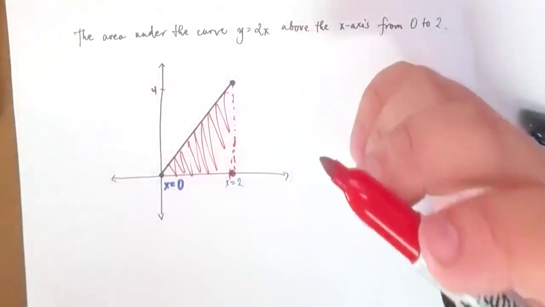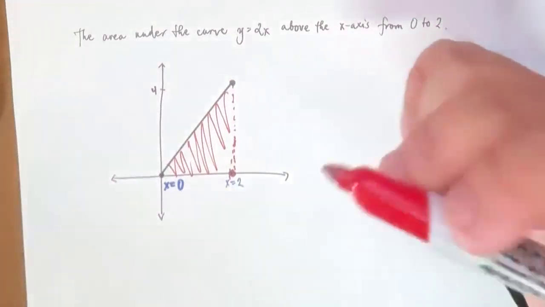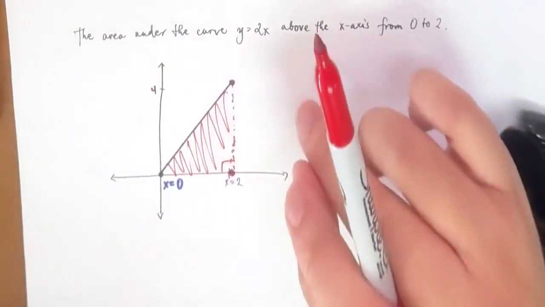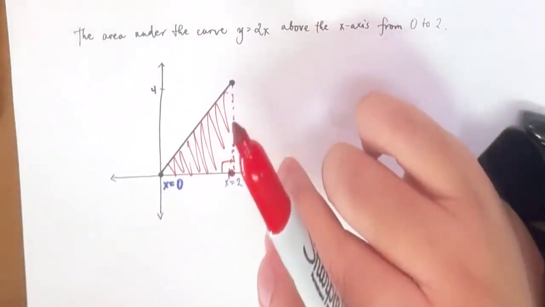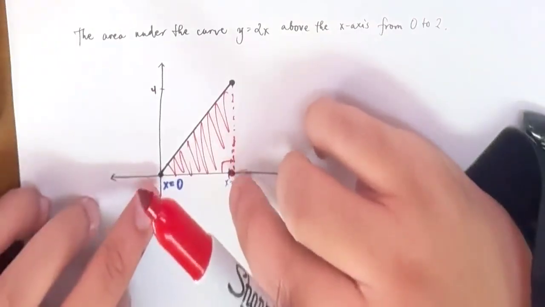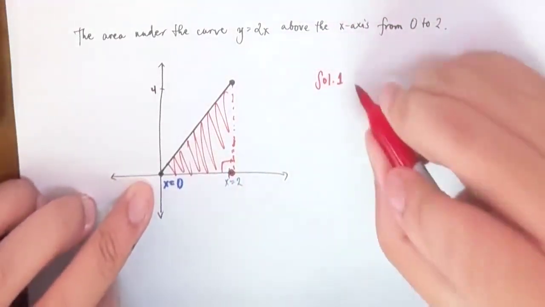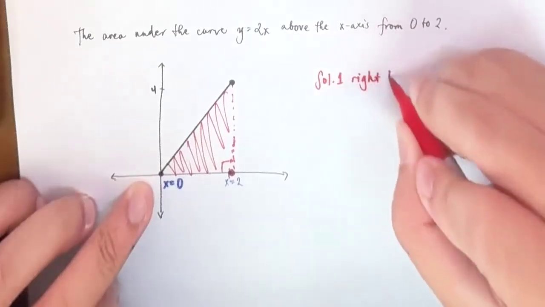Now, we can solve the area in multiple ways. The most natural way is to realize that this is a right triangle. So, solution one, the right triangle solution.